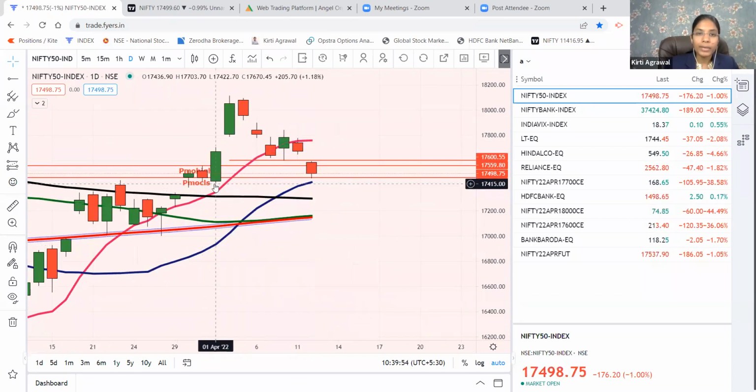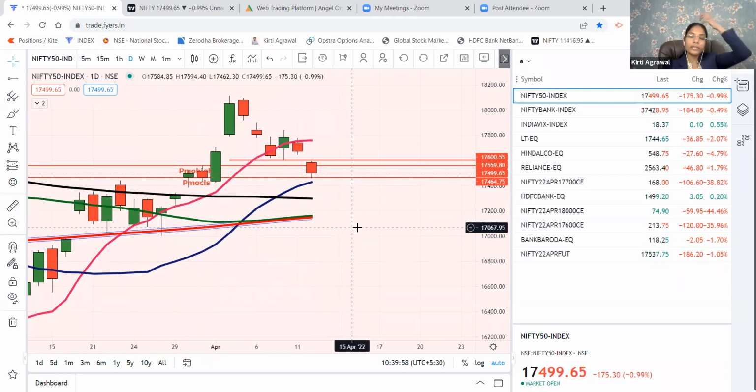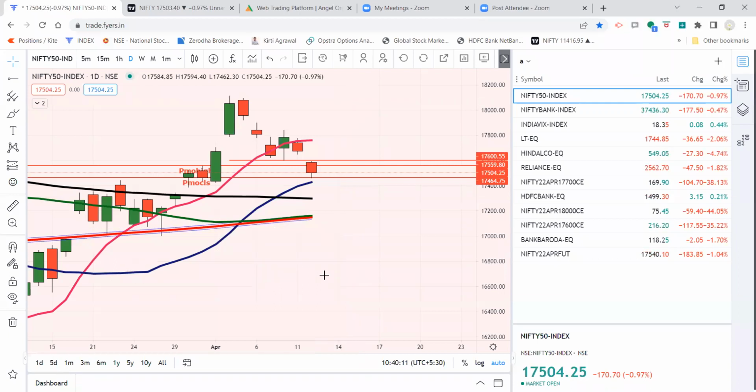And if the market finds support in this zone of 17,450, and you can say the market is not sustaining below 17,500, right now we are not sustaining below 17,500.